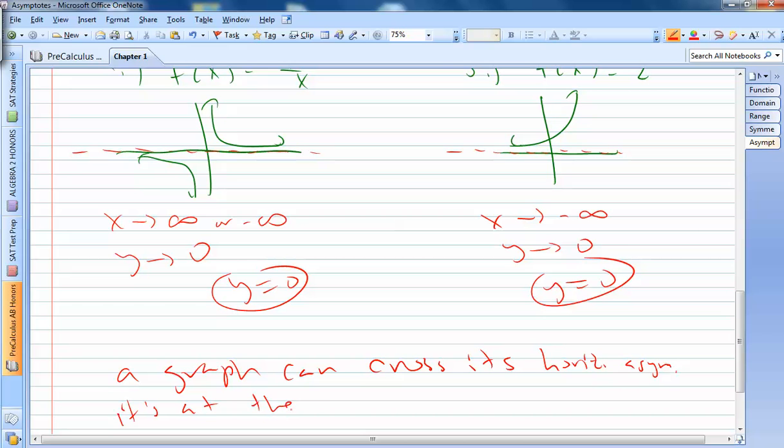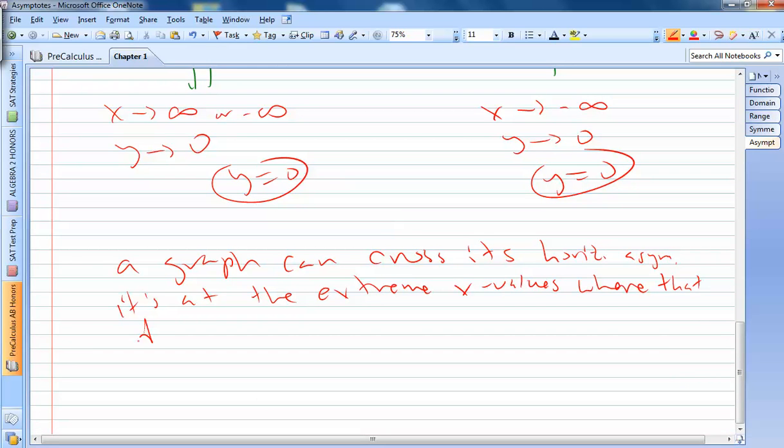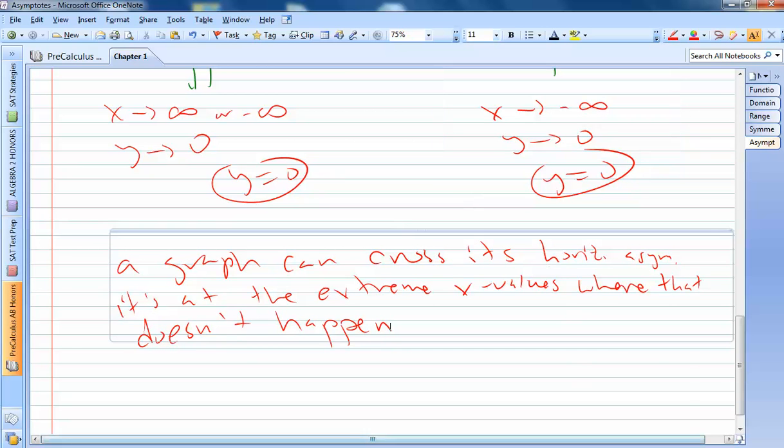It's at the extreme x values where that doesn't happen. And we'll talk about that on another video that deals with end behavior. But for now, we'll leave it at that for asymptotes. So this concludes the video on asymptotes.